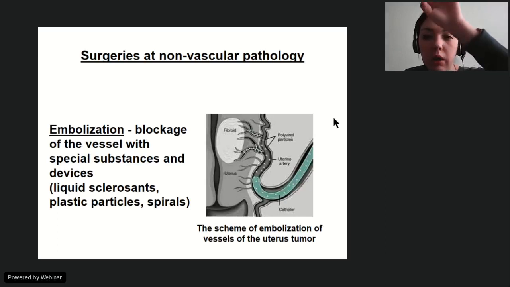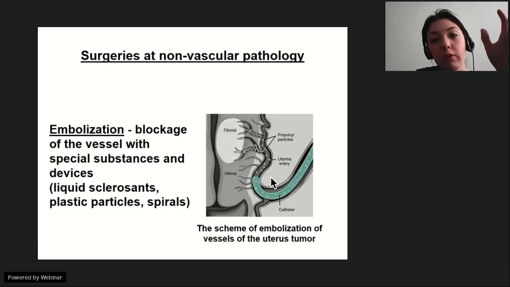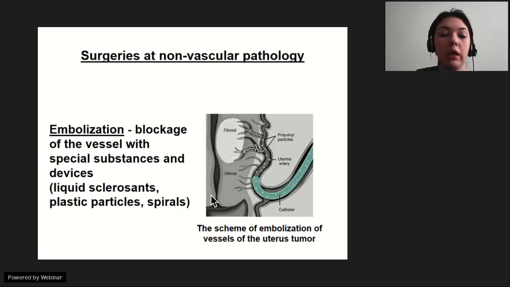From the common iliac artery, we go to the internal iliac artery, and then we find the uterine artery, and by this catheter we find a special branch of the uterine artery that supplies particularly this myoma, and we perform embolization. So we inject something that causes embolization. This is vascular surgery in case of a non-vascular pathology.